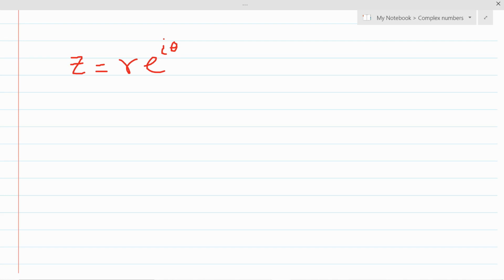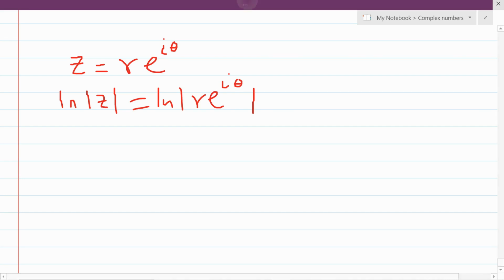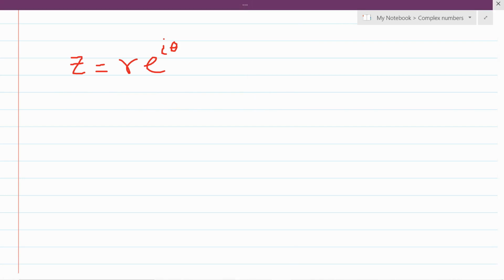Now if I want to find the logarithm of z, then the ln of z will be equal to the ln of r e^(i theta). But I can write the whole of this in terms of log, thinking that the base is e. So let's use that one.